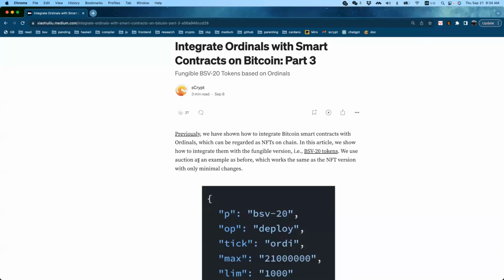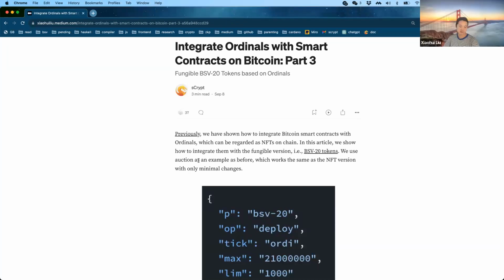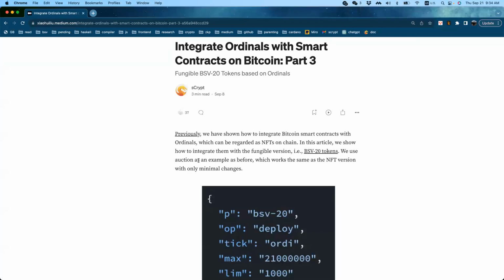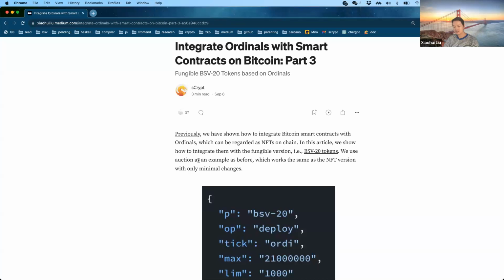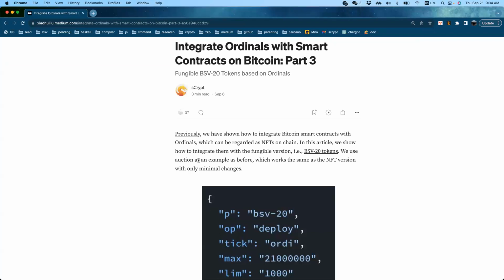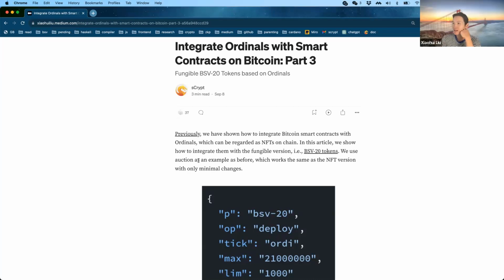What is it called in BSV? BSV20. Do you know how it works? I heard about it. It's like an ERC20 compatible token on BSV20. Yeah, exactly right.